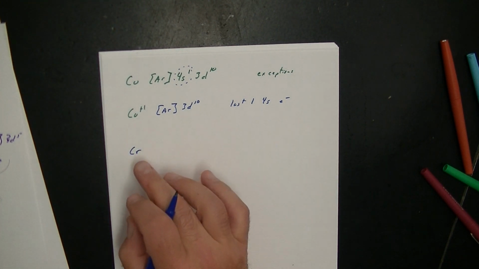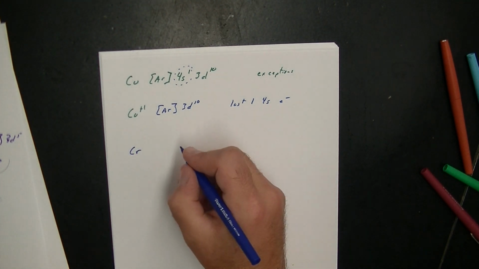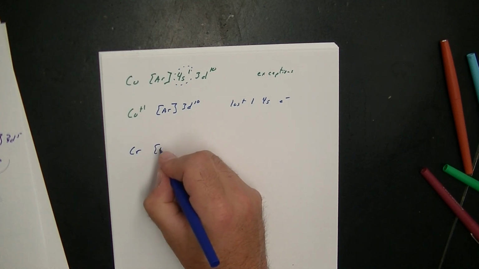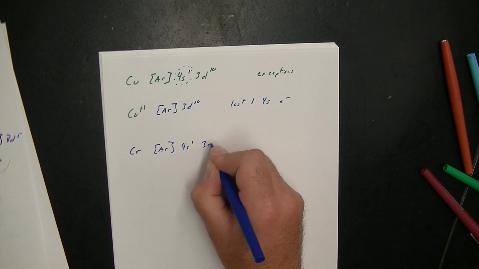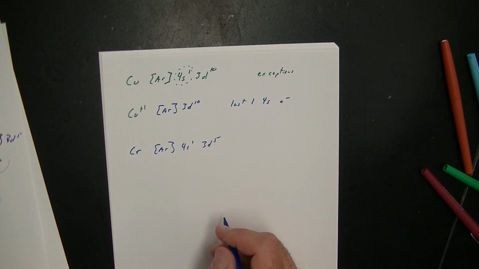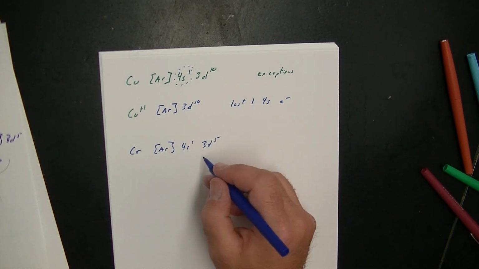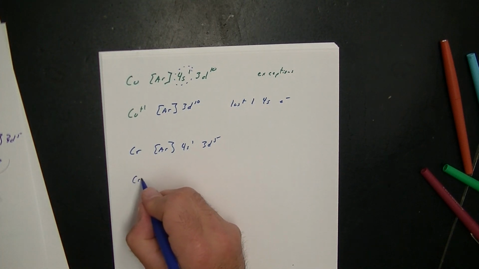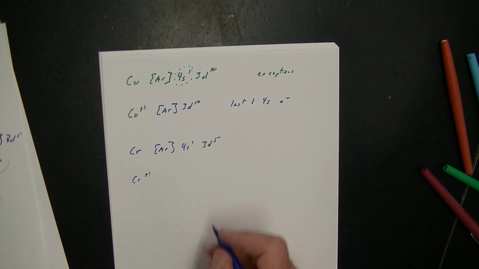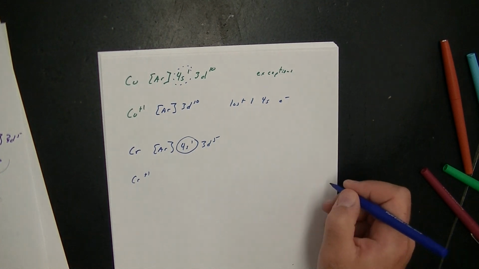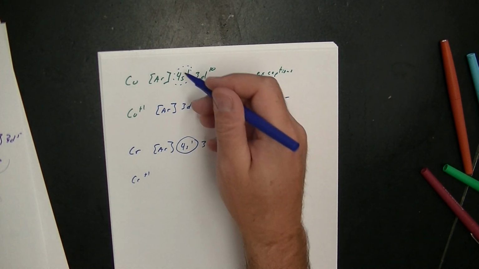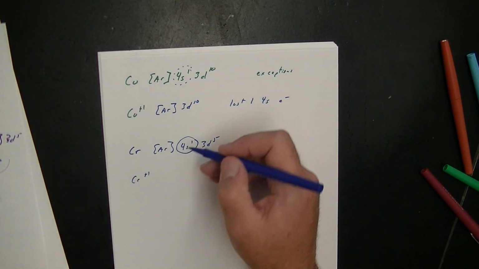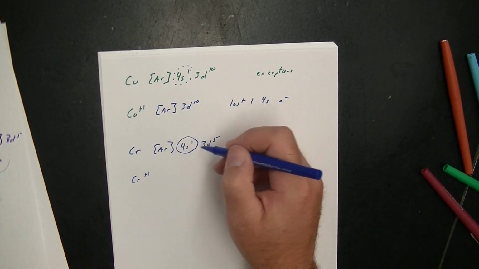Chromium. If we look at chromium, it's another one of those exceptions. It's Ar 4s1 3d5. If you look at this, chromium is going to go +1 because it's going to lose this one electron. So that's another one of those exceptions. You can look at the electron configurations and figure out how many electrons.